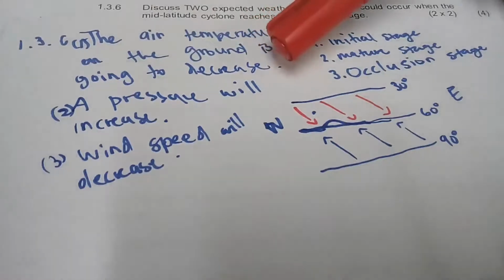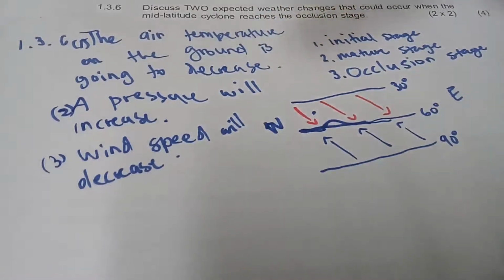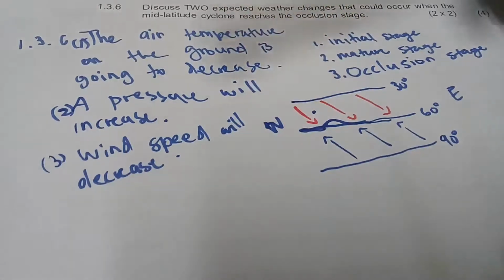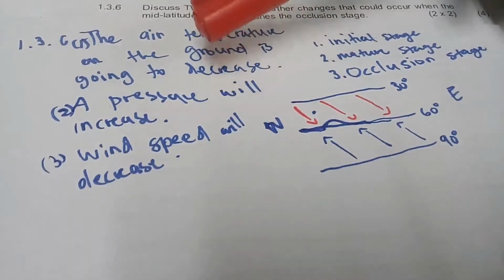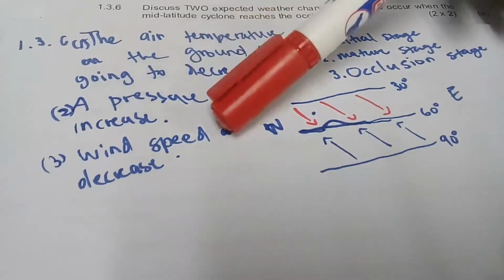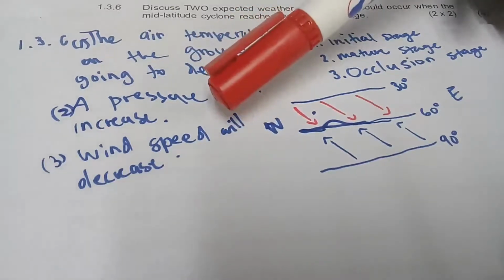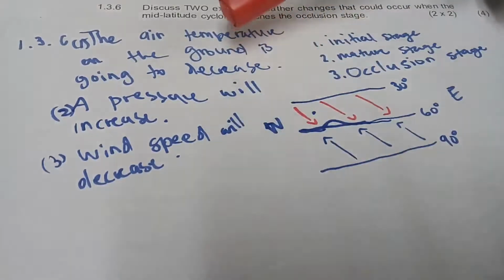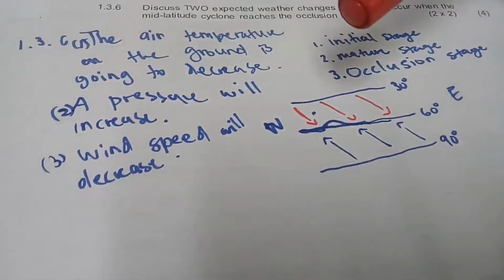This is whereby on the ground the cold front is going to be dominant, causing the air temperature to decrease. This is whereby the cold front has taken over the warm front. There's not much warm air now, right? The cold air is dominant, resulting in the temperature decreasing on the ground. That's point number 1.